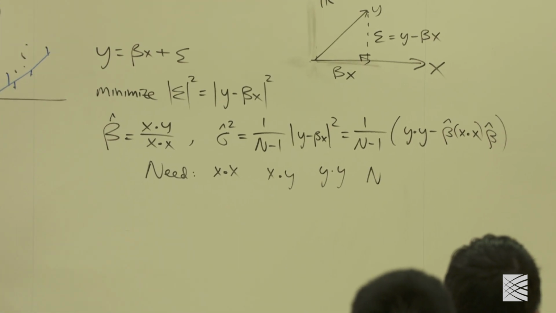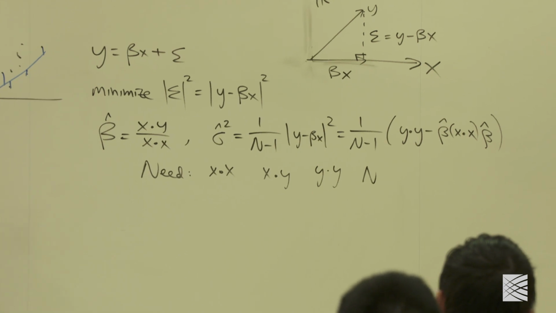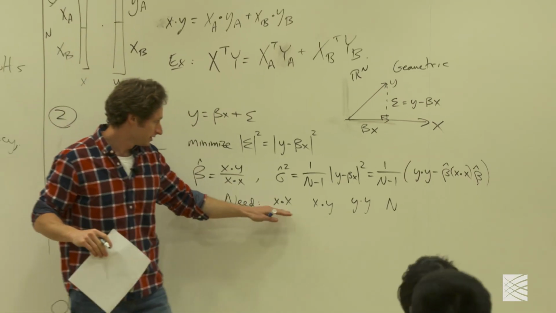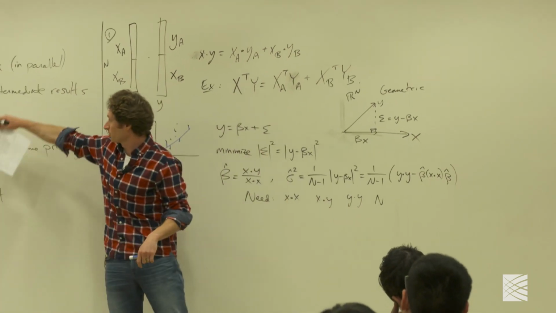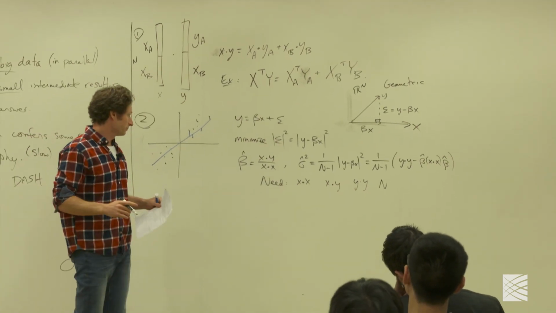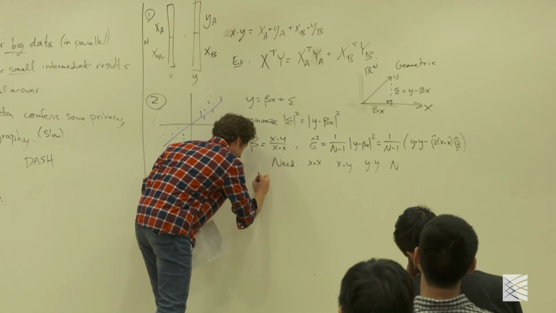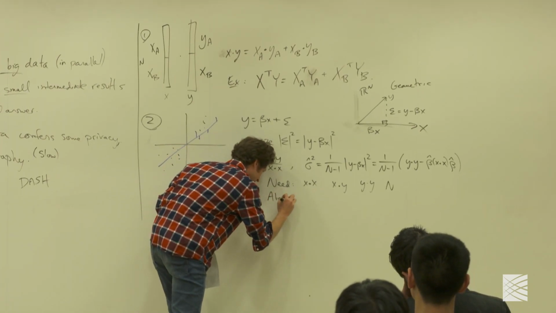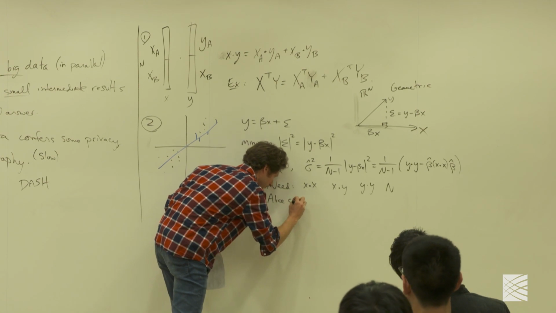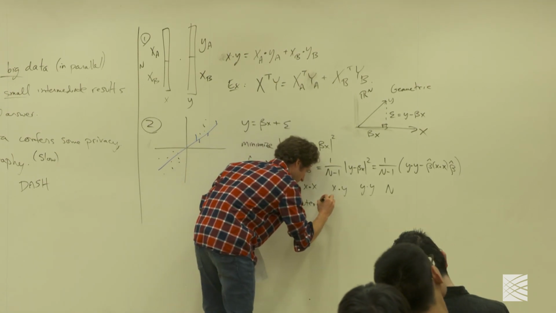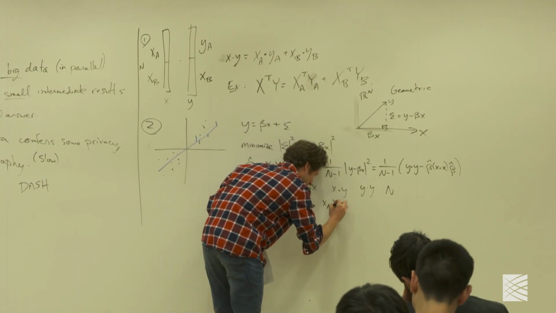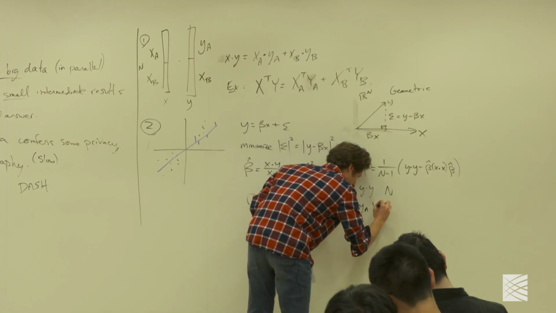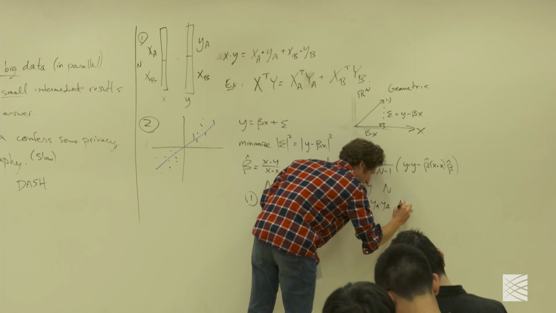So if we have a strategy for how these two parties could compute these in a form like that, we're pretty home free. More concretely, the strategy is that Alice computes xa dot xa, xa dot ya, ya dot ya, and also has some number of samples.